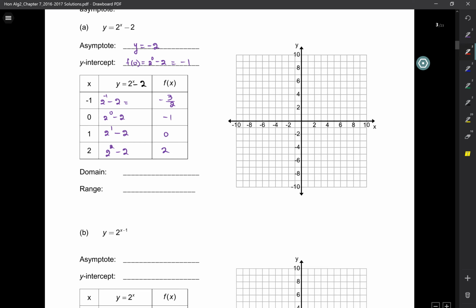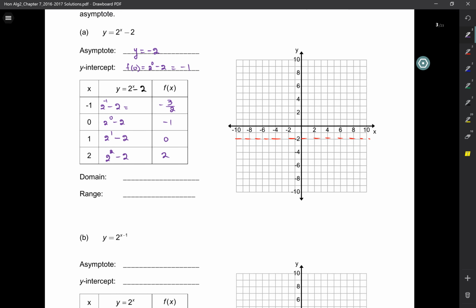My asymptote is at -2. And at -1, we're at -1 1/2. At 0, we're at -1. At 1, we're at 0. At 2, we're at 2.